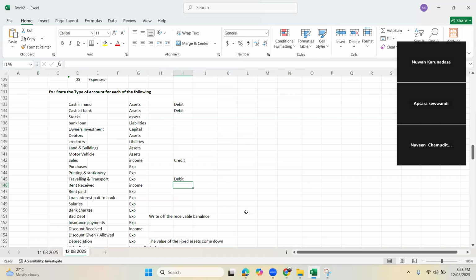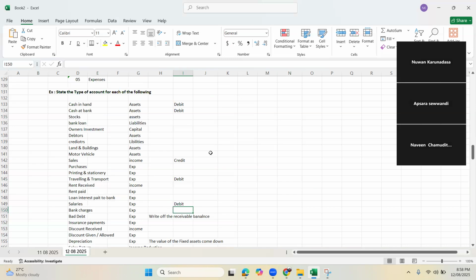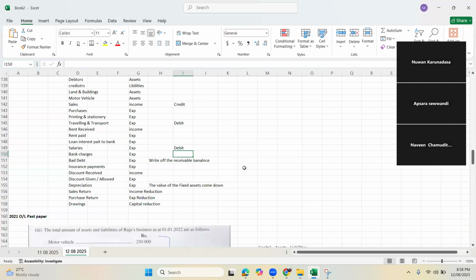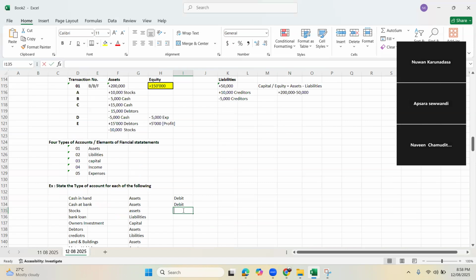Salaries, which balance? Debit. Salary expense has a debit balance. Very good. Then stocks. It's an asset. Debit. Very good. Land and building.